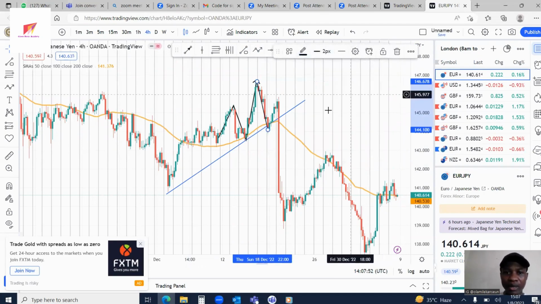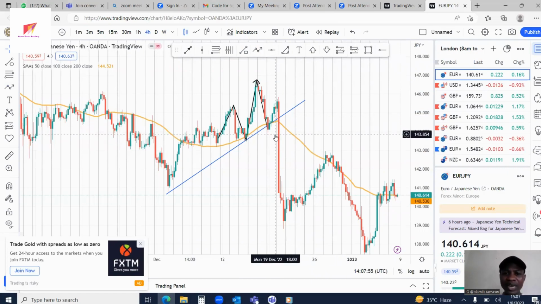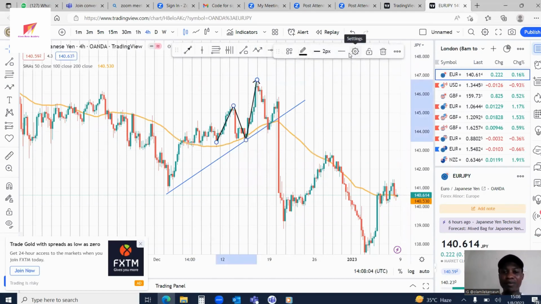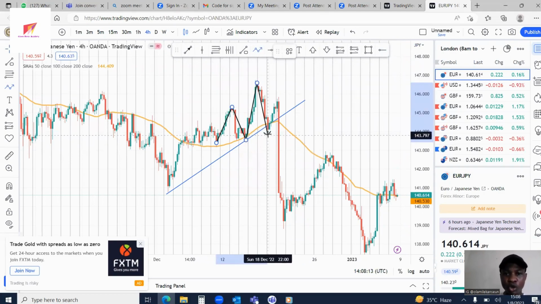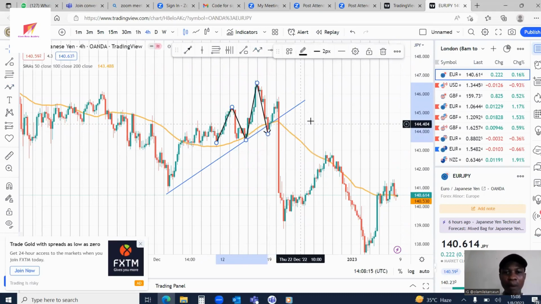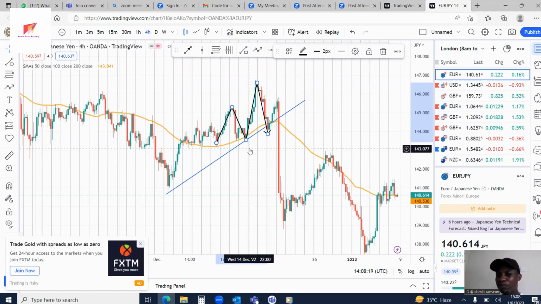Let me change this to black. The market came back to this zone. When the market got here, I was expecting something to happen, which is the market structure, right? I was expecting a market structure to happen at that point, because if you look at this pattern very well, something is about to happen, because this pattern simply gives a market pattern of head and shoulder pattern.